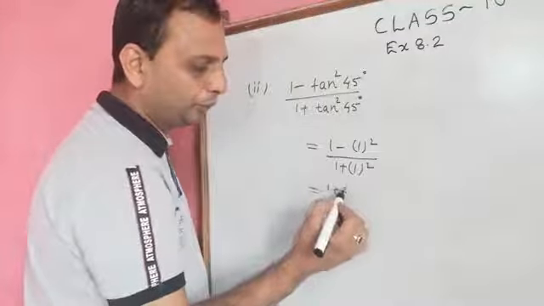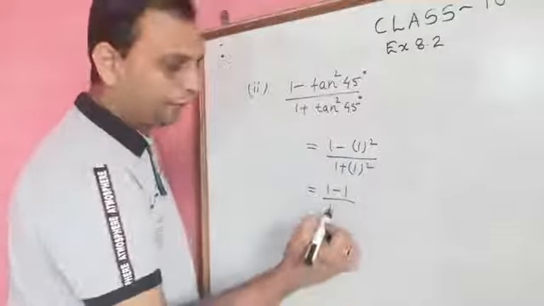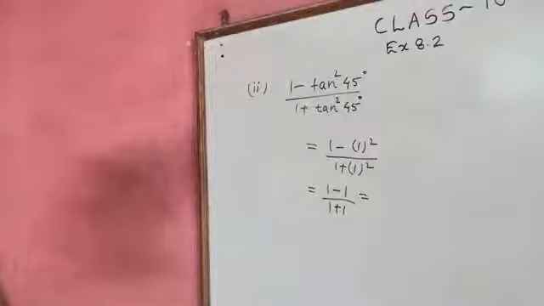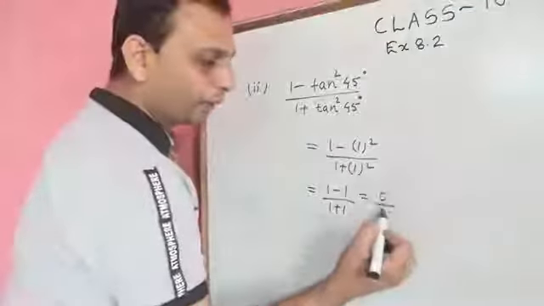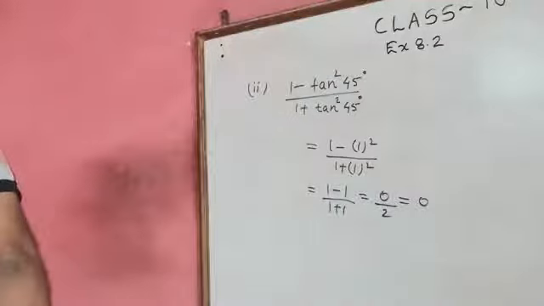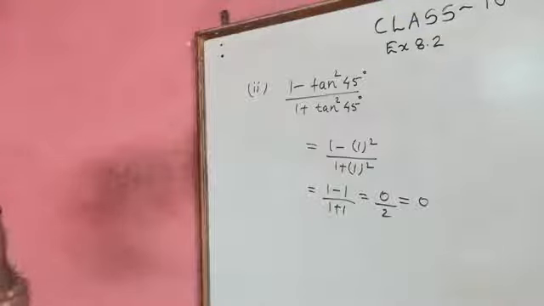It is equal to 1 minus 1 upon 1 plus 1. 1 minus 1 is 0, 0 upon 2 is 0. So now which is the right answer?